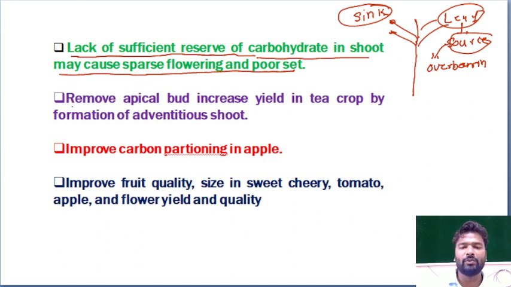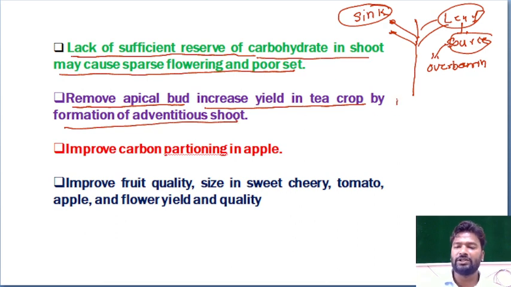Then removal of apical buds increases the yield in tea crop by formation of adventitious shoots. So this is a tree plant. What happens if you remove the apical bud? You know that the apical bud forms the auxin.